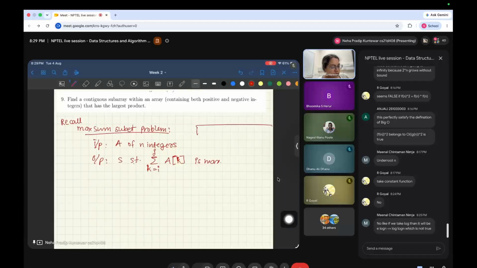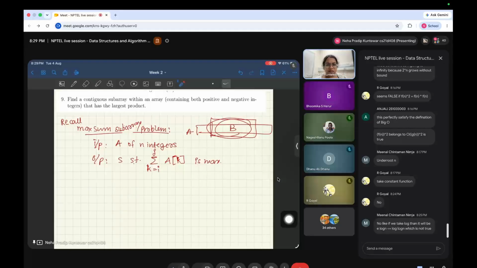Sorry, this is not subset, I want subarray. So given an array A, you want to find a contiguous subarray sitting inside A such that if you sum up the entries of all the elements here, you end up with the largest value.